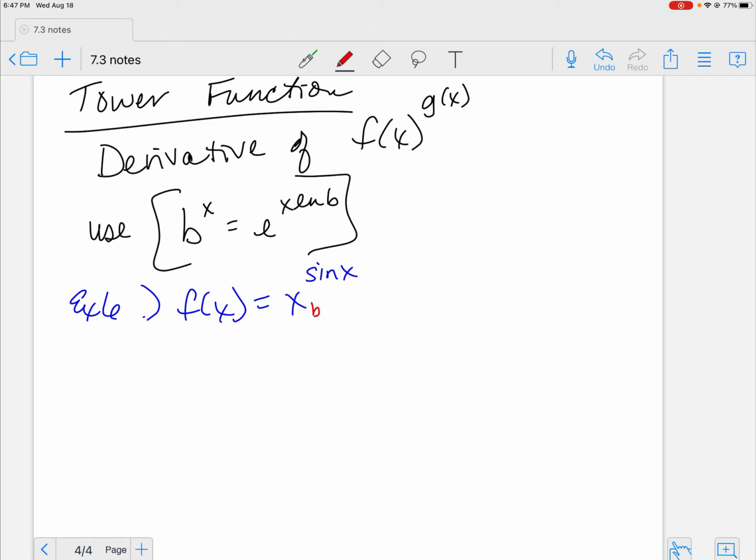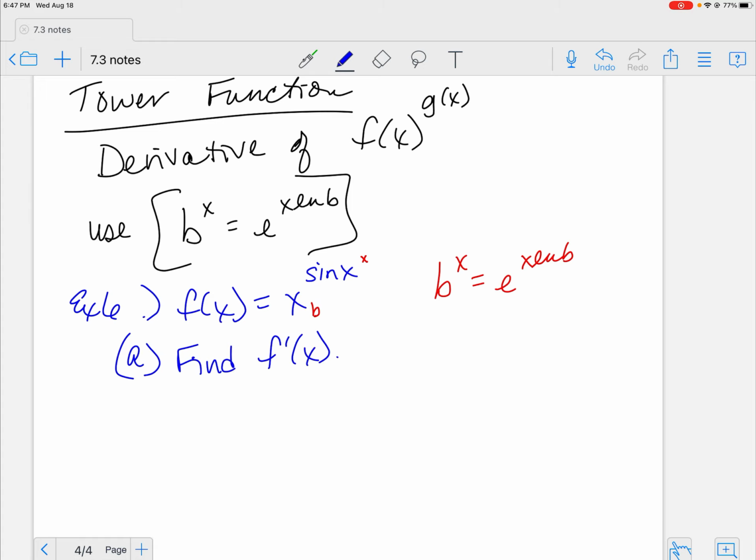Now this x is my b, my sine of x is the x part. Whenever I look at b to the x is equal to e to the x natural log of b, this is how you assign what is your b and what is your x. All right, so part A here is literally find the derivative. Find f prime of x.